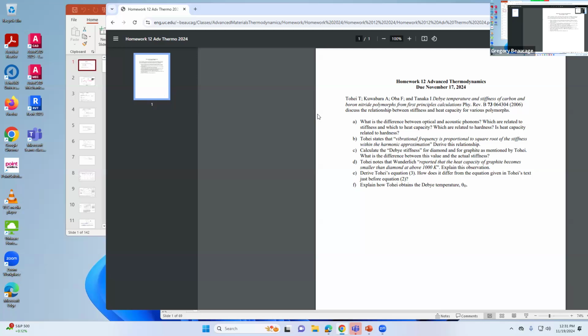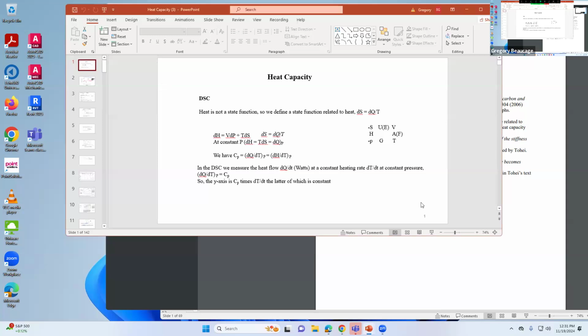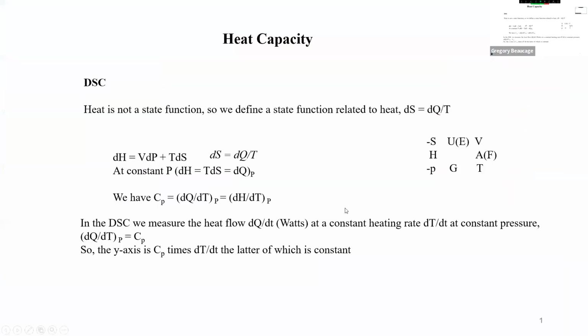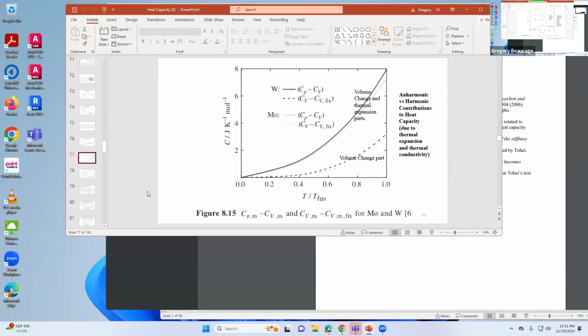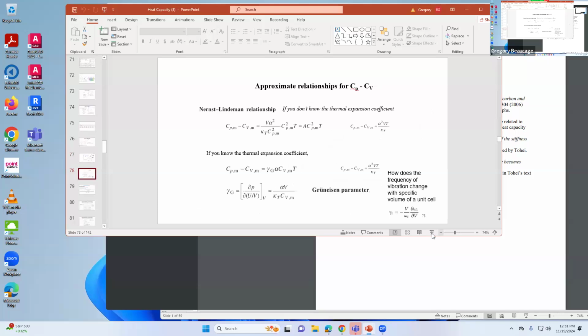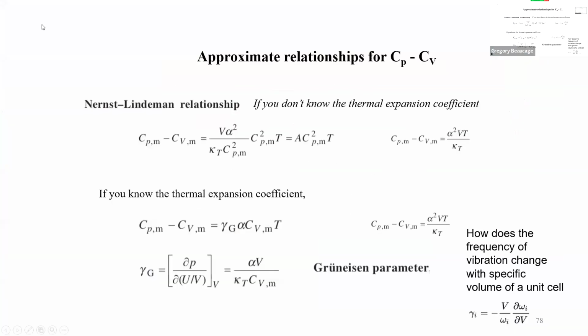Well, anyway, I wanted to finish the heat capacity today and then maybe start the next section. I've got to be at slide 78 here. There's a lot of slides. This is following the book mostly, and he goes through a bunch of different topics.